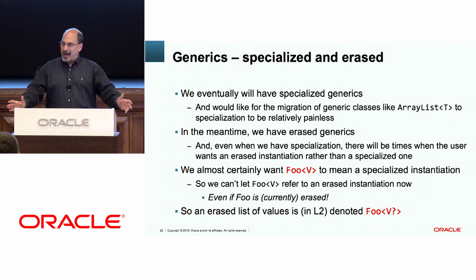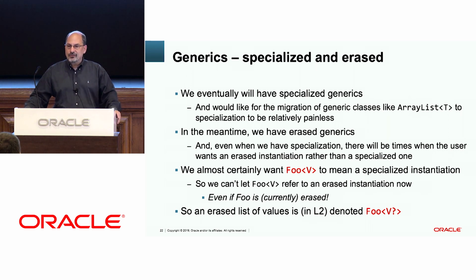So in the meantime, all we have is erased generics, and we've again chosen to use the nullable type convention, where you say, if you want an erased list of values, you say Foo of V question mark. And you're saying, I want this to be an erased list because this is a generic over a nullable type.